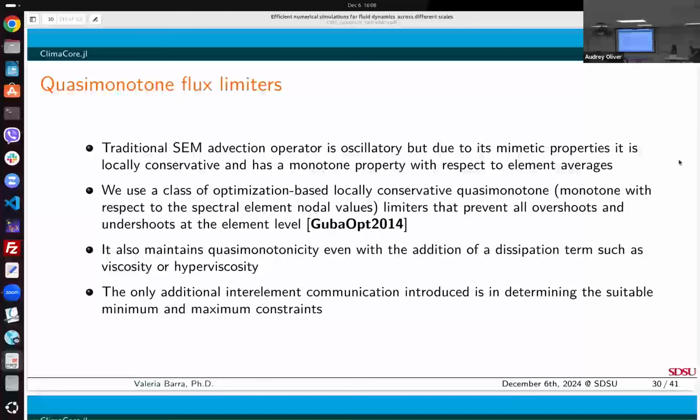To stabilize this problem, we use a class of optimization-based, locally conservative quasi-monotone limiters, which are monotone with respect to spectral element nodal values. These have been defined in Guba 2014. They maintain quasi-monotonicity, and the only additional inter-element communication, so the only additional computational cost, is to determine some suitable bounds.